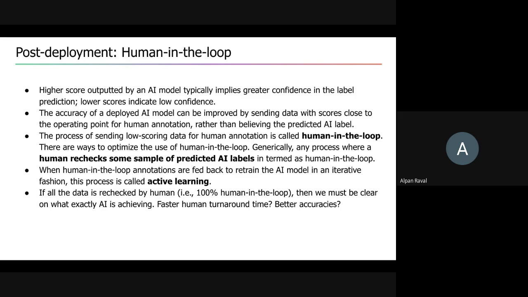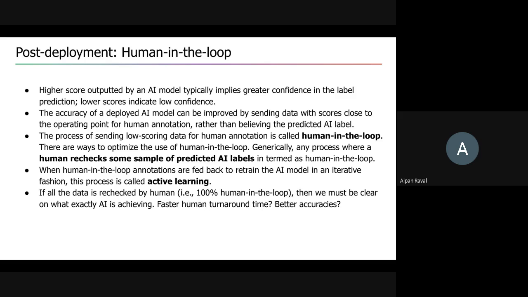And one way to do it is for the human to control the low confidence decisions of the AI. So let's say if the AI outputs a high risk score, it typically implies greater confidence in that label, whereas low scores indicate low confidence. So one of the things you can do is you can increase the accuracy of an AI model by simply taking all the data with low scores and getting them annotated by humans. So having the humans decide instead of the AI decide.